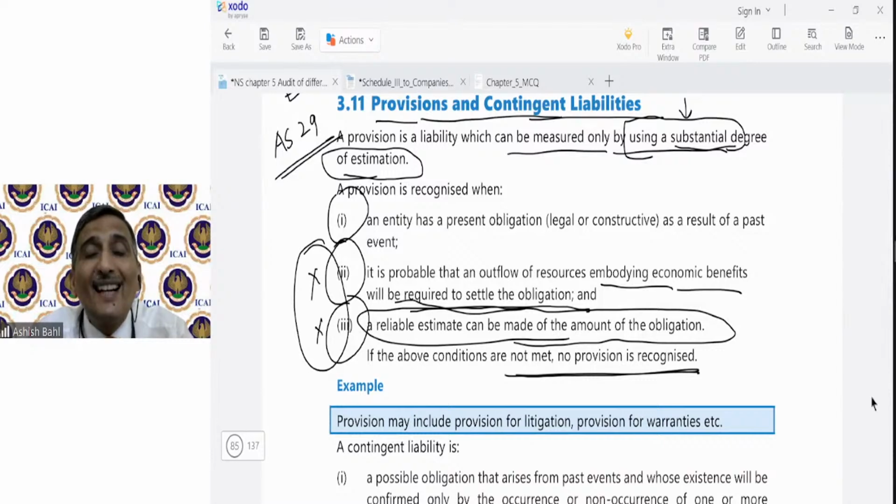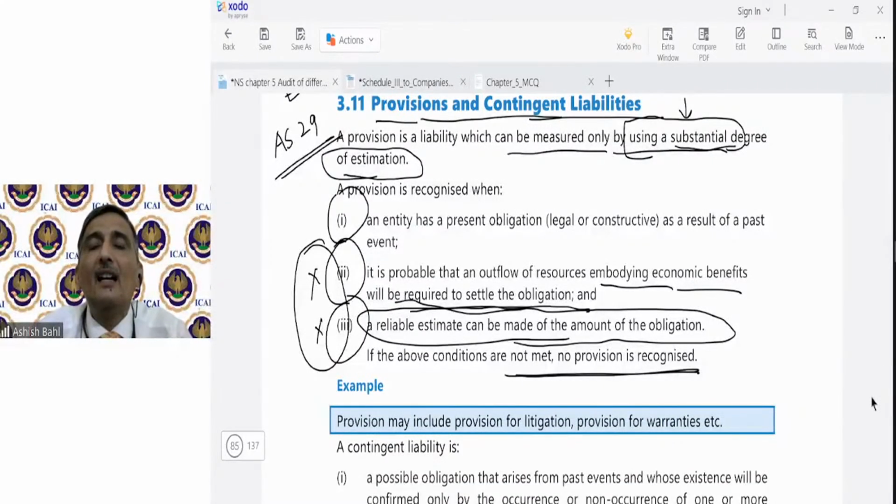So now what will the company do? Now it would be recognized as a provision, because now with the evidence available in hand, all the three conditions above have been satisfied. Yes, Suman, you are right.